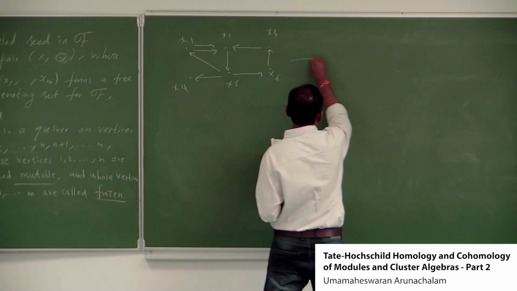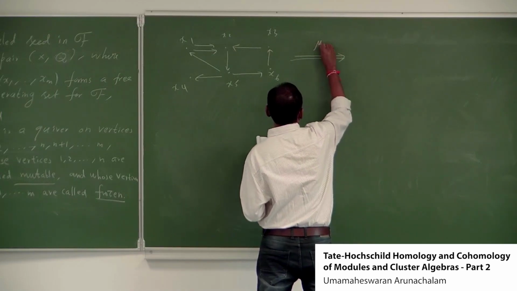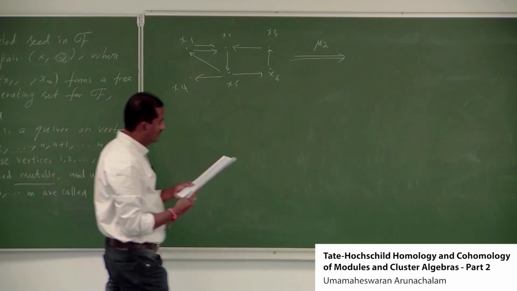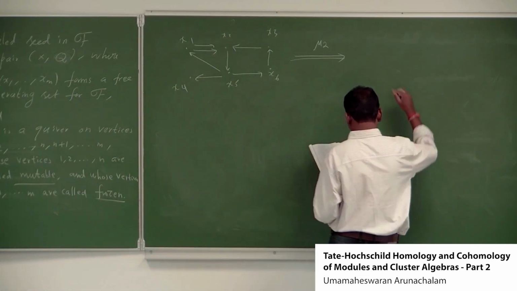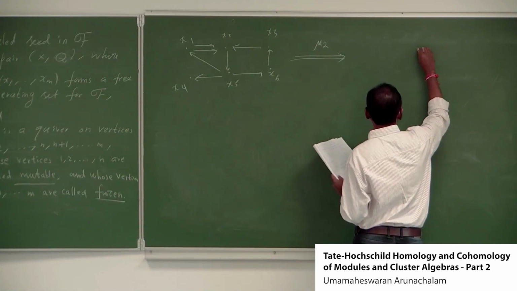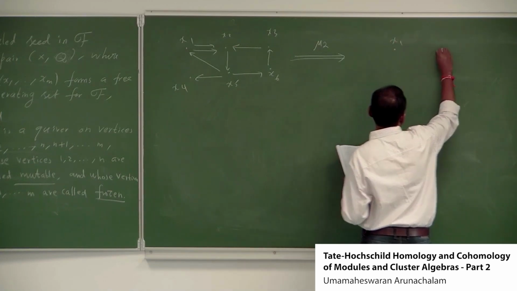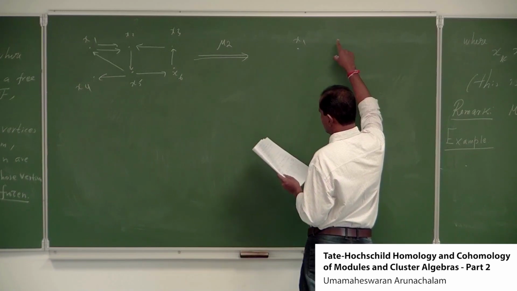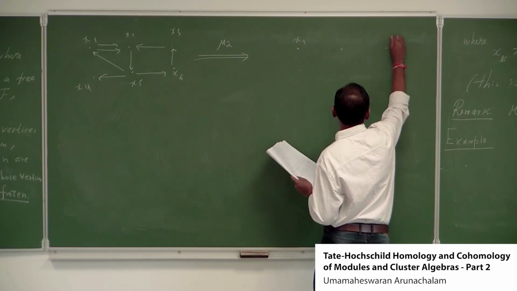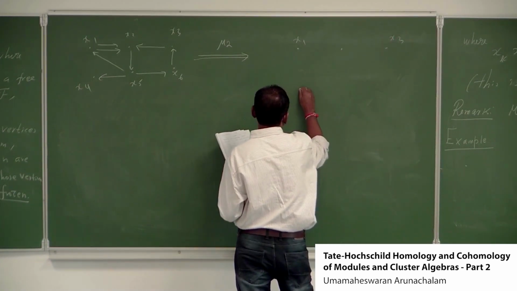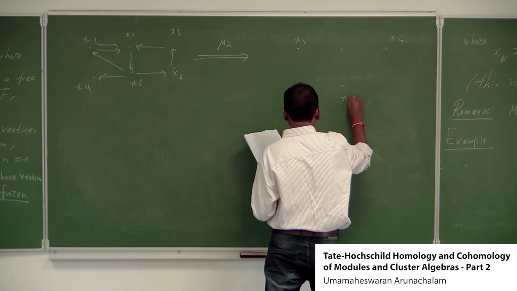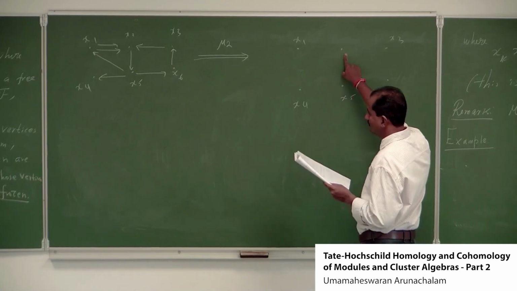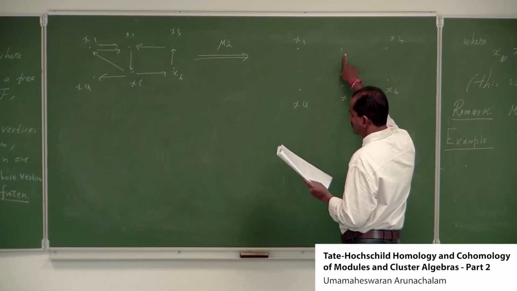Now we are taking mu2. So what is mu2? From seed mutation we are going to get this. So mu2 of this one: first, x1, x3, x4, x5, x6 are the same, but the variable x2 we have to change. We get a new x2, that is x2 dash.